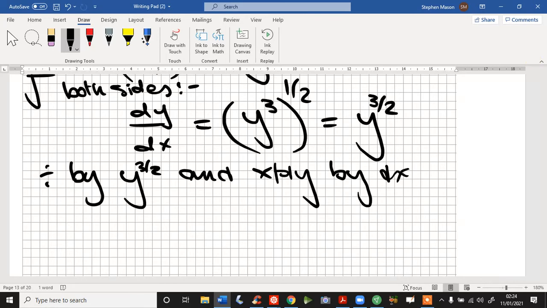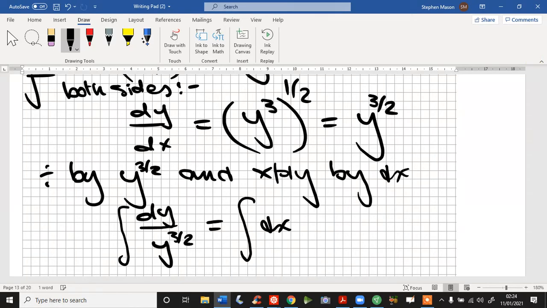And we stick in integral signs as well. So we've got the integral of dy over y to the 3 over 2. Don't forget the integral signs. And that's equal to the integral of dx.